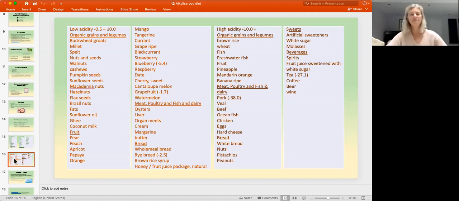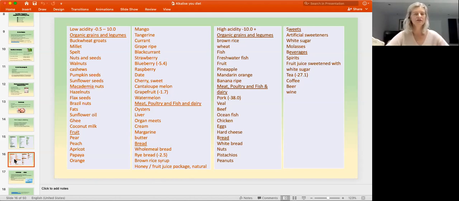So that might then be a reason to think, I'm not going to go for that mango, I'm going to go for the blueberries and so forth. But you can see from there, low acidity, a lot of the fruit. So I would say have a little bit of that. Have a lot of the slide before, and have a little bit of what's on the low acidity.